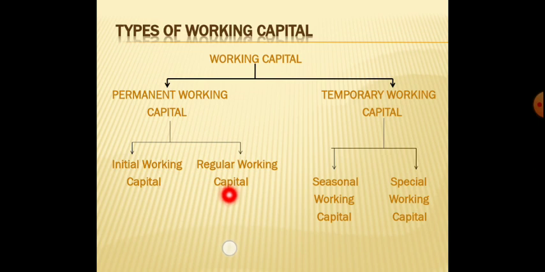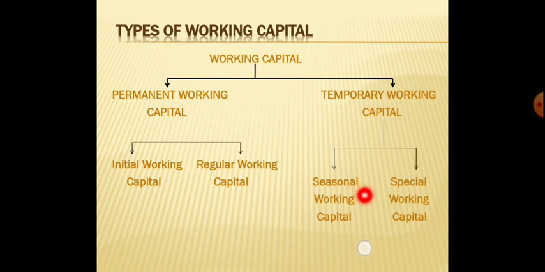That is actually the excess of current assets over current liabilities. Now coming to temporary working capital, it is further subdivided into seasonal working capital and special working capital. Seasonal working capital means there are certain businesses or products which are produced during a certain time of the year, for example woolen goods and wheat production.